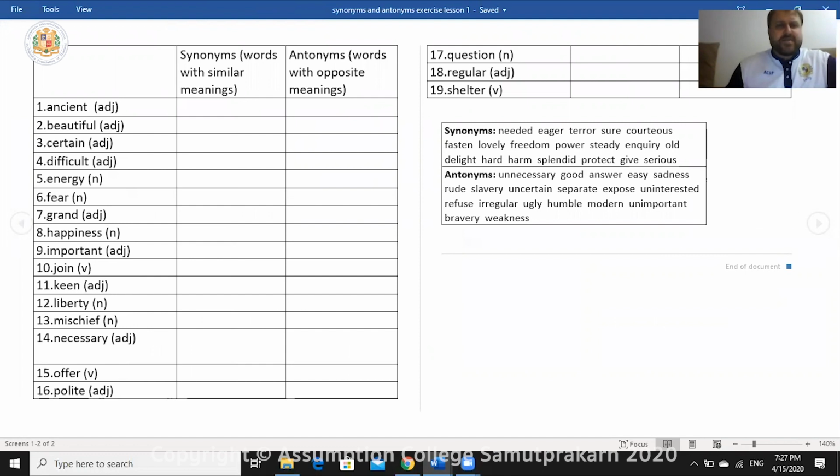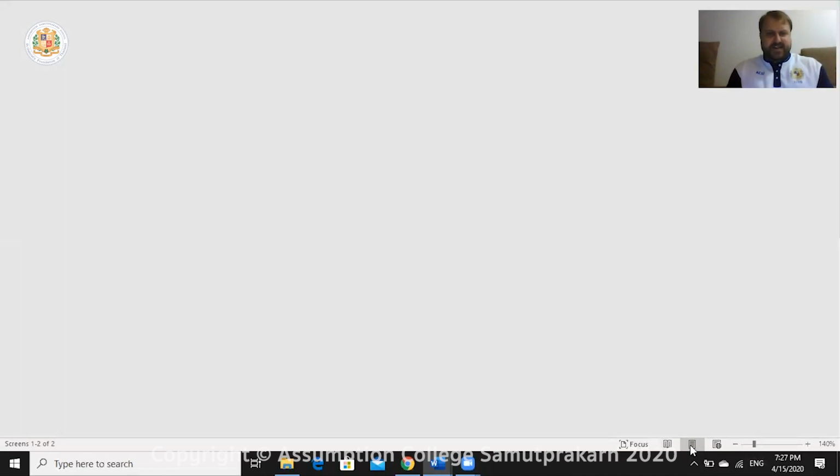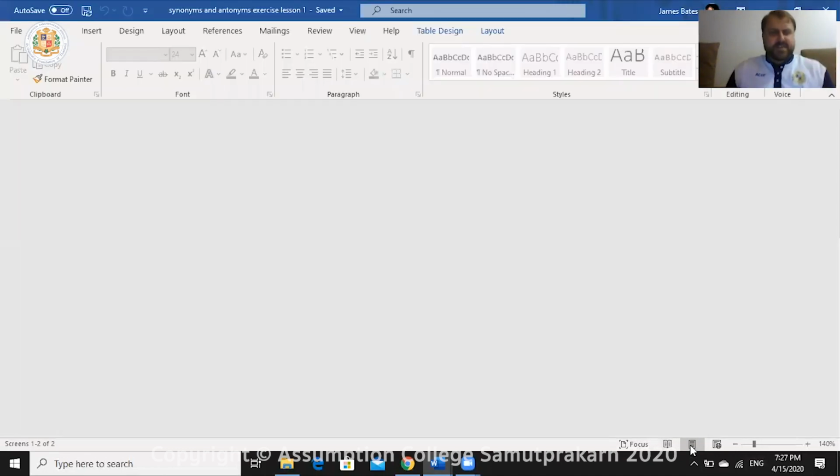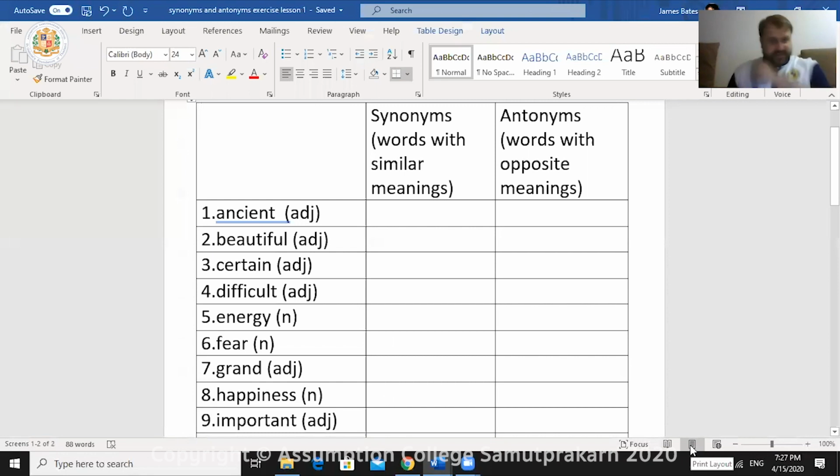And we have in the two boxes, a box full of synonyms and a box full of antonyms. You need to match the synonyms and the antonyms to each word. Okay? So that's the exercise. So let's do a couple of these together.